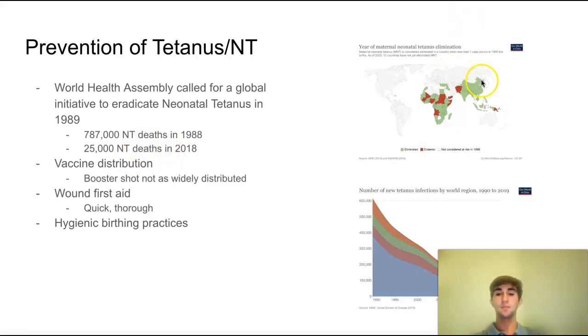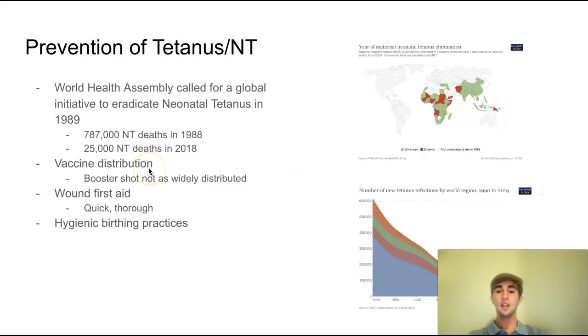Here's a diagram showing the countries that have eliminated neonatal tetanus since that global push. There are still a few countries left where it's still happening, and that's just because they don't have adequate vaccination coverage. They don't have adequate medical care.